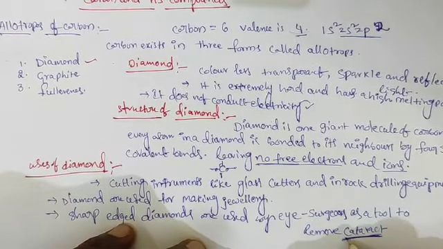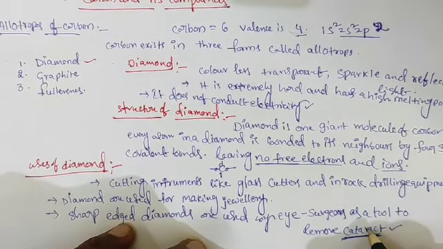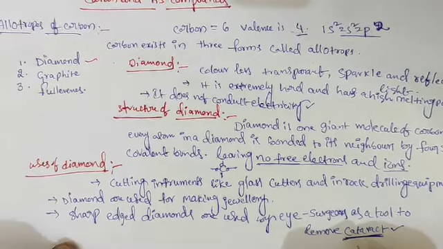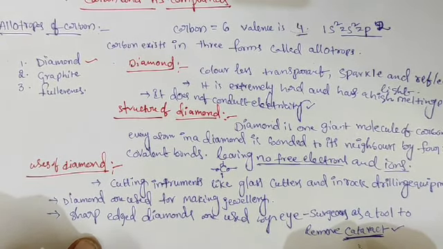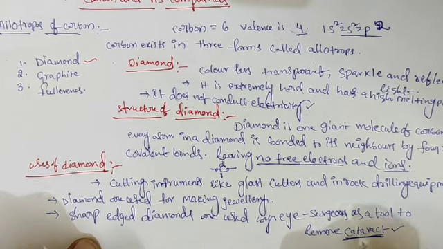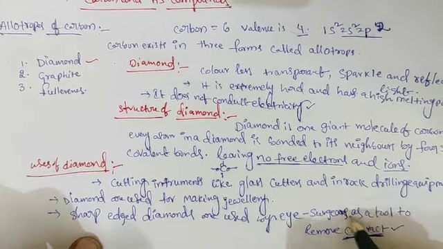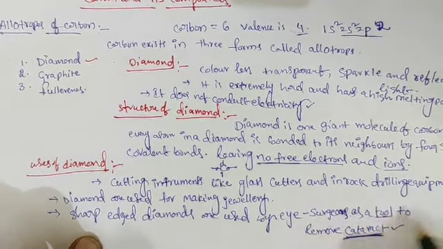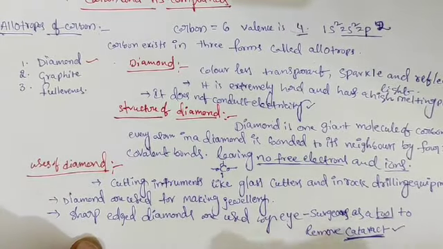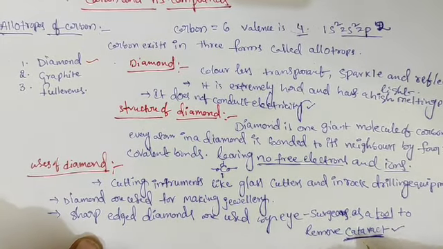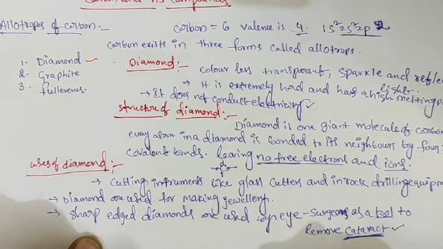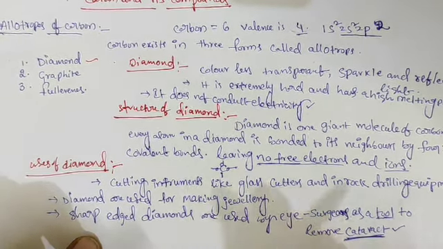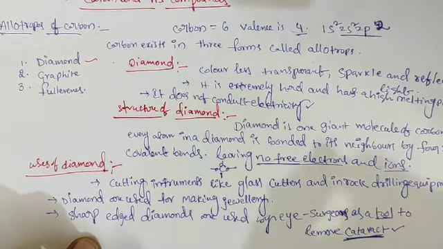Eye surgeons use this sharp-edged tool to remove the cataract in our eye. So these are the uses of diamond.